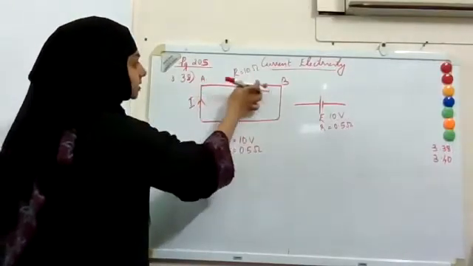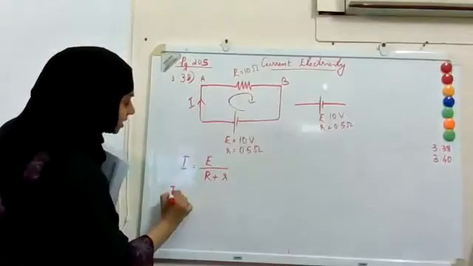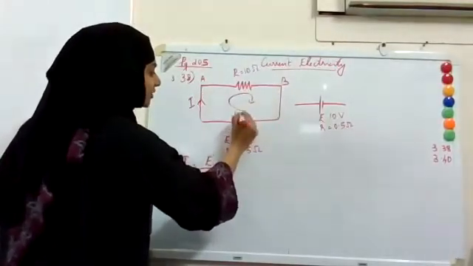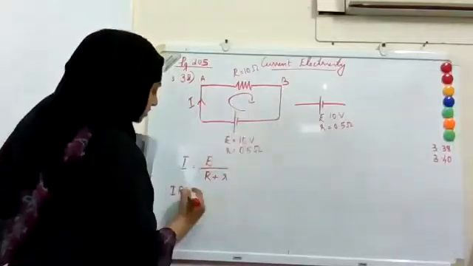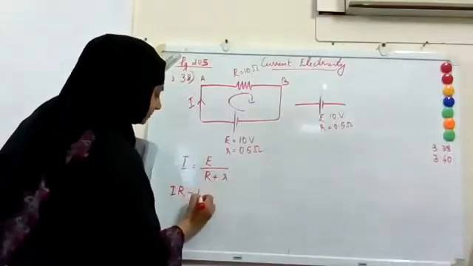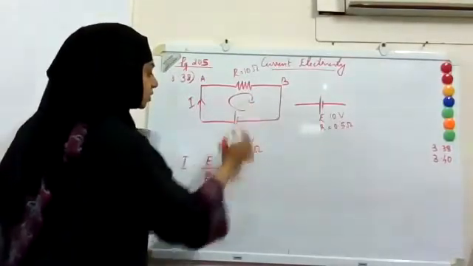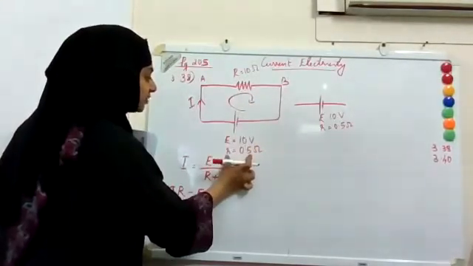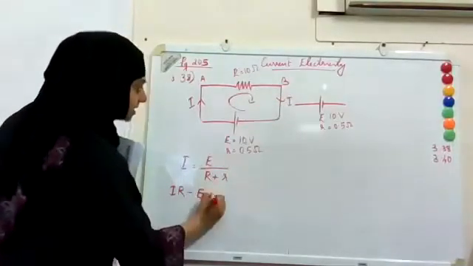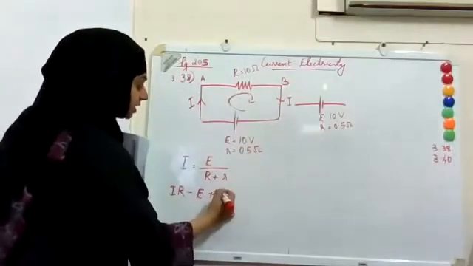So I is passing through R, so I into R. When we reach here, we see the negative of the cell first. So minus E. And also there is a resistance 0.5 and the current flowing is I itself. So plus, we are going in the same direction of current, right?